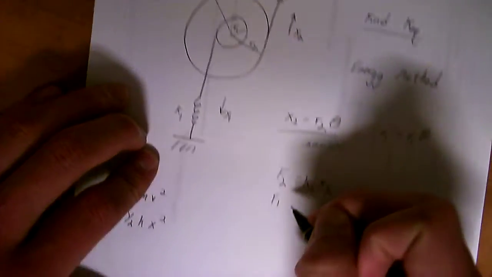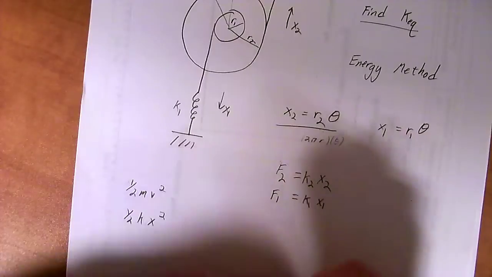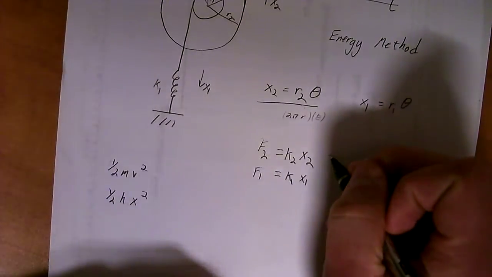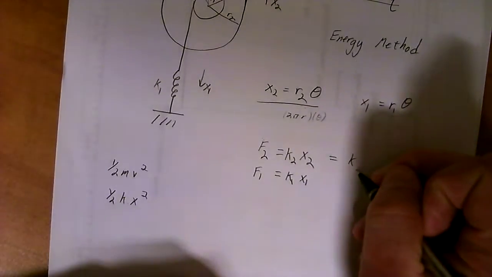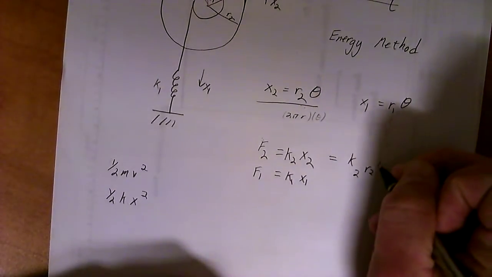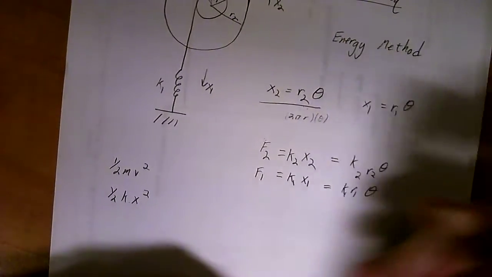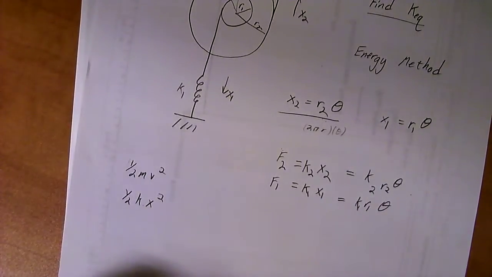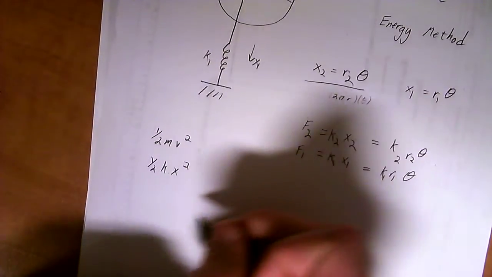And then F1 is equal to K1 x1. Perfect. Now, since we have x2 and x1 defined, we'll go ahead and write K2 r2 theta is equal to K1 r1 theta. Okay, and that's the equivalent force that we have there.